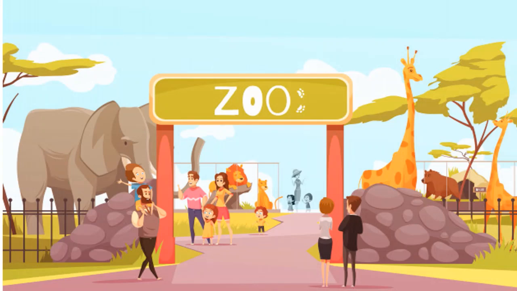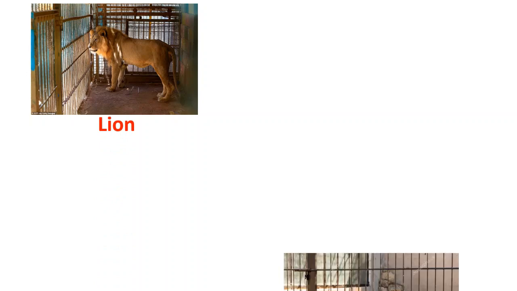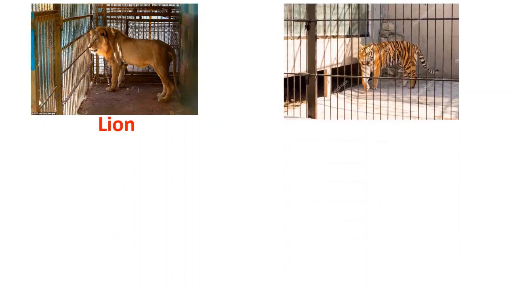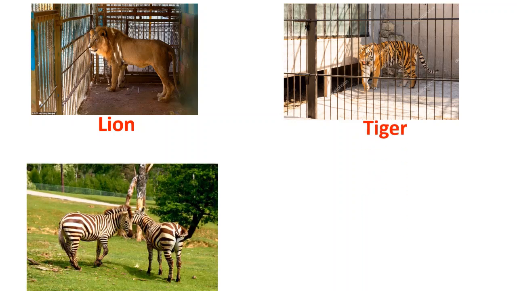Wow, this zoo looks so big and beautiful, right? Come on, let's go inside. Children, which animal is this? Yes, lion. Very good. Now, what about this, children? Yes, tiger.